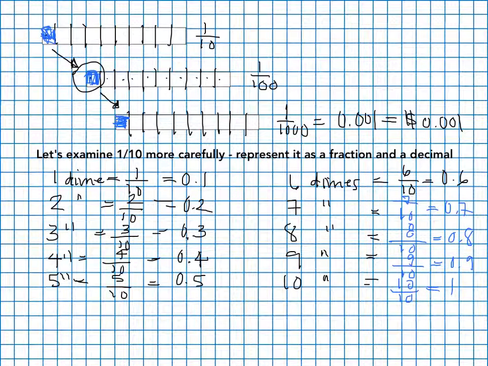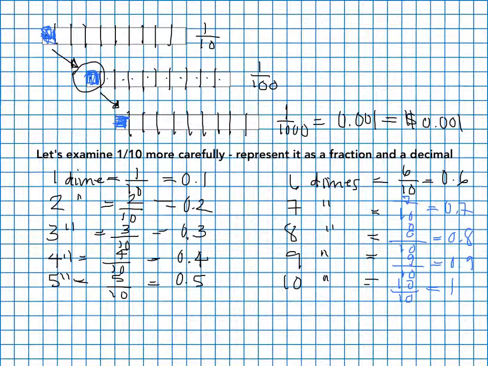Now, one thing to remember, ladies and gentlemen, is that 2/10, 4/10, 5/10, 6/10, 8/10, 10 tenths are all numbers that, when we get to that certain point, we're going to start looking at differently, because we'll have to reduce, because 2 will go into both 2 and 10. But for the time being, I want you to be able to go from 1 dime, 1 tenth, to 0.1, 3 tenths to 0.3, 4 tenths to 0.4, 5 tenths to 0.5, because those are very important relationships within the realm of mathematics.